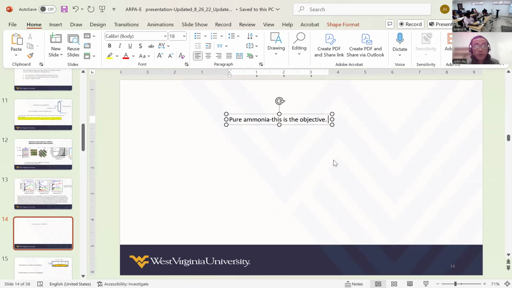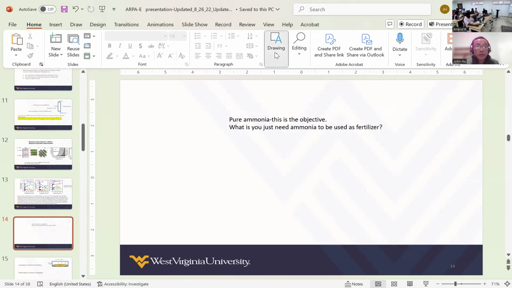So my question is, what if you just need ammonia to be used as a fertilizer? I talked to a group of farmers in the United States. If you don't want to sell pure ammonia, you say, hey, I only sell ammonia as a fertilizer. One separation technology is more like this. I want to make sure you understand.